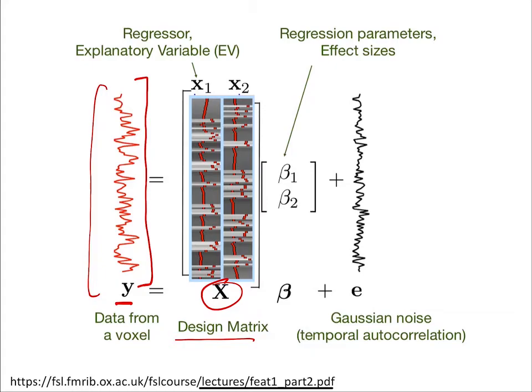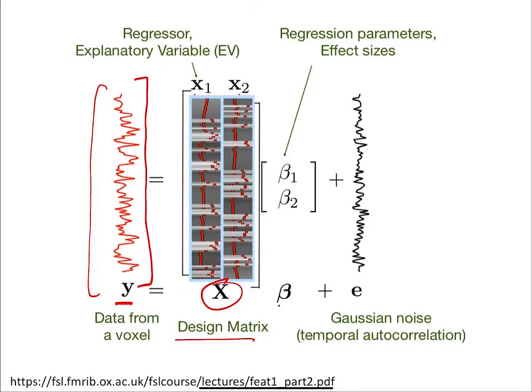Typically where it's bright, you have an event, and where it's not bright, you have no event. And in this case, I believe they're not only showing you the timing, but the red is also showing you what the convolved response would be. So it's showing what it looks like after convolution.